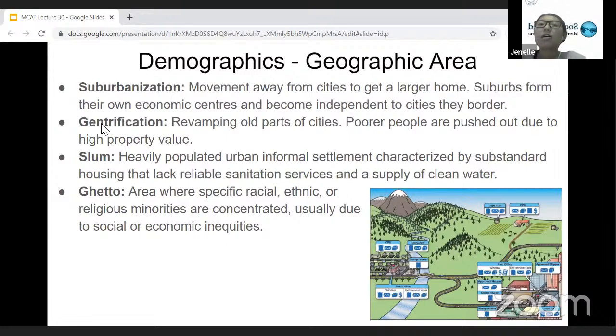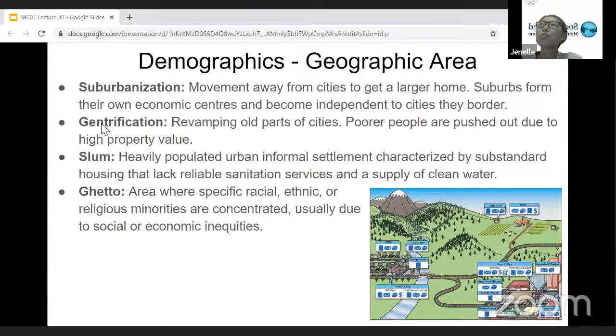And then another thing is gentrification, which is when, I guess it would most likely be city officials or those responsible for the geographic areas that decide to revamp or improve and make old parts of the cities even better, or just make it better in general.